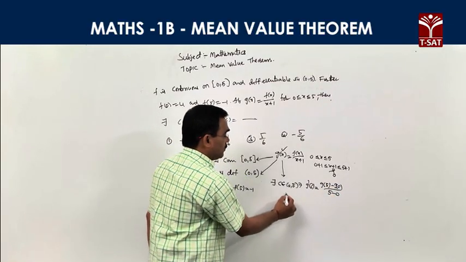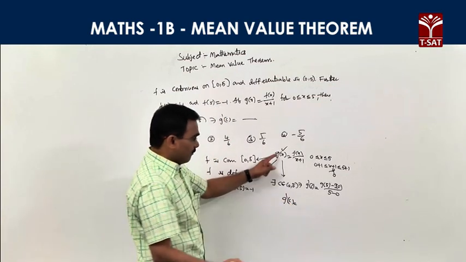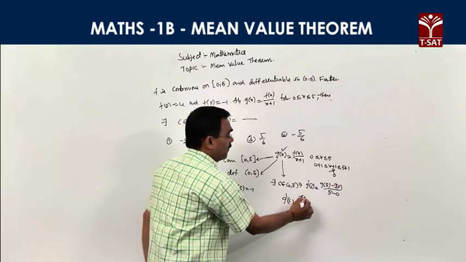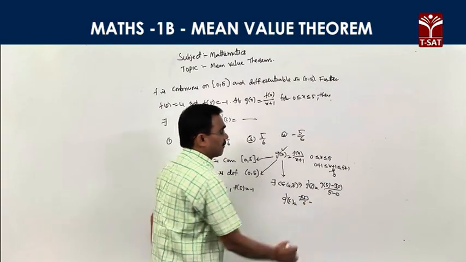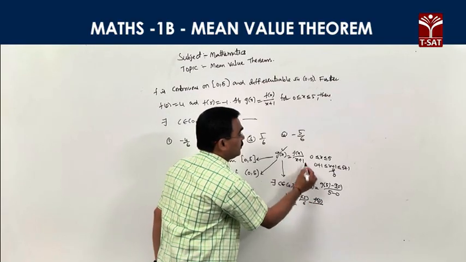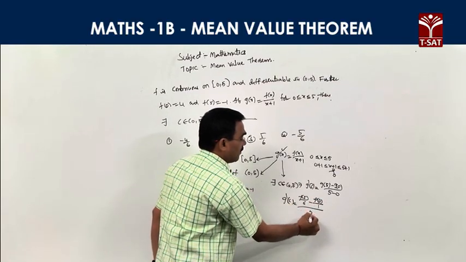Therefore g dash c is equal to: g of 5 is equal to f of 5 by 5 plus 1, which is 6. And g of 0 is f of 0 by 0 plus 1, all by 5 minus 0, which is 5.